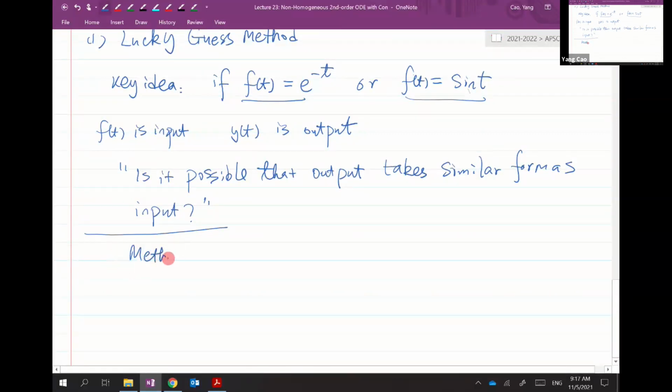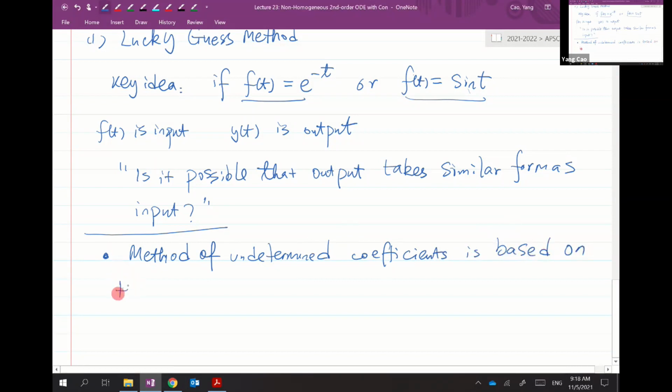But before we move ahead with the rules, let me write down one more comment here. Essentially, this method of undetermined coefficients is very much based on the type of function f of t.